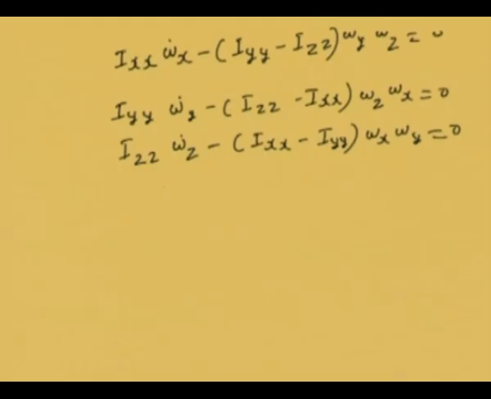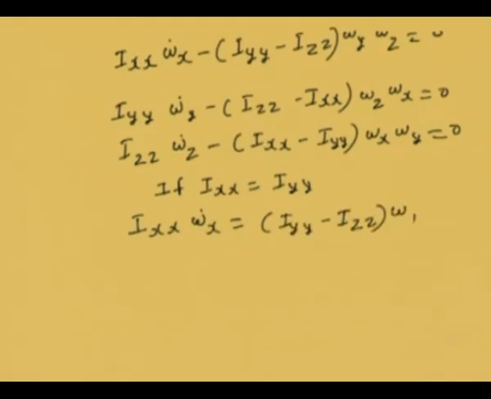Now in this case, if Ixx is equal to Iyy, then you get Ixx omega dot x is equal to (Iyy minus Izz) omega y omega z, and you get Iyy omega dot y is equal to (Izz minus Ixx) omega z omega x.